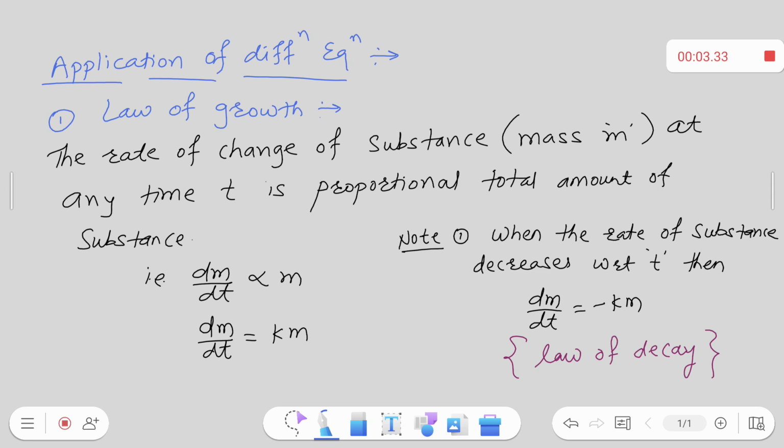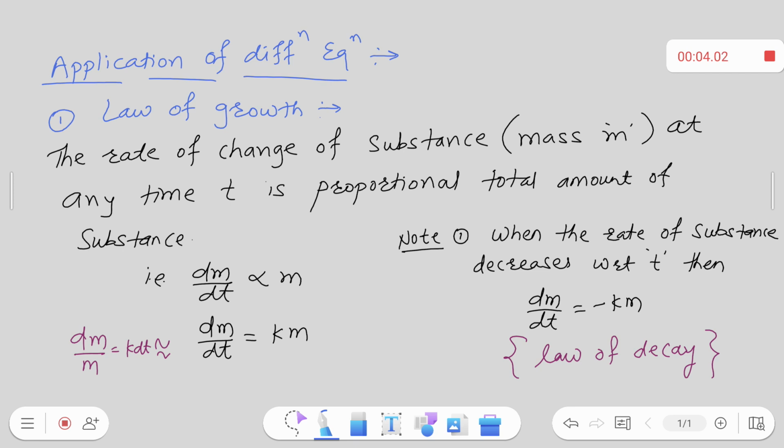So we use these two statements, and how do we find the solution of this differential equation? By using variable separable form. Now we have two variables here, m as the first variable and t as the second. By separating the variables, m on the LHS and t on the RHS, the differential equation looks like dm by m is equal to k times dt.